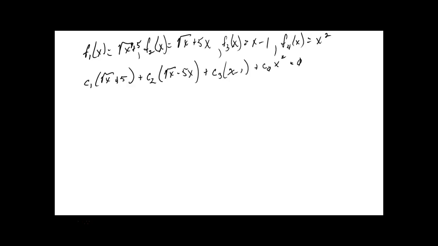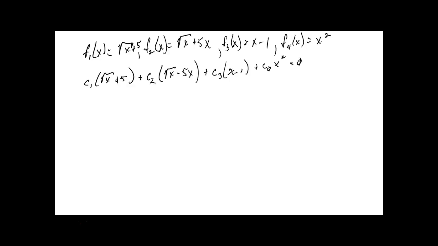Any first thoughts on this? This isn't nearly as easy as the last one, but it is not bad. Any thoughts, impressions as you just look at that? None whatsoever. Completely thoughtless. Okay.